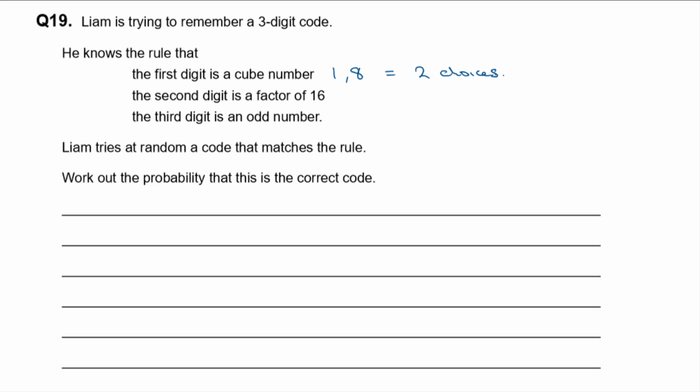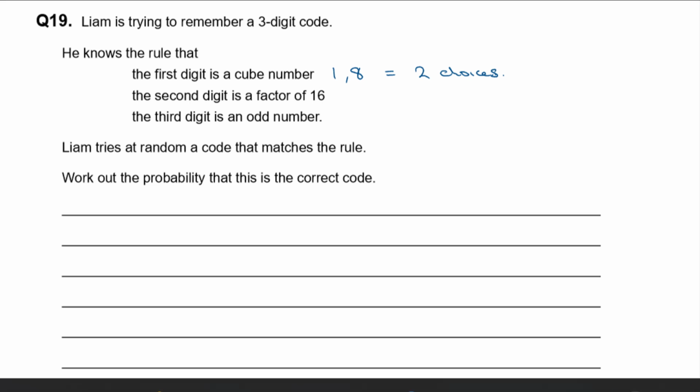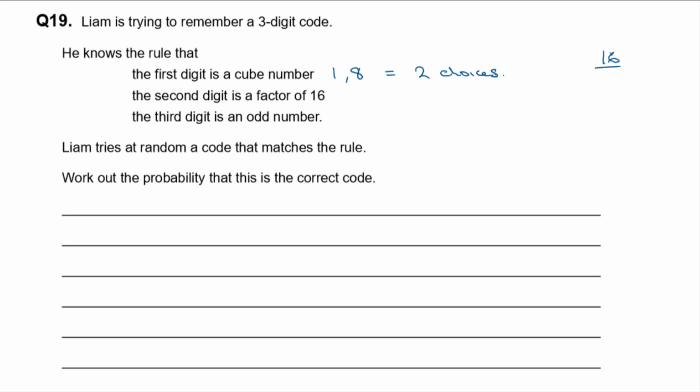The second digit is a factor of 16. What are the factors of 16? Got 1 and 16, 2 and 8, and 4, and that's it. So that's 5 different factors, but only 3 of those are 1 digit, aren't they?